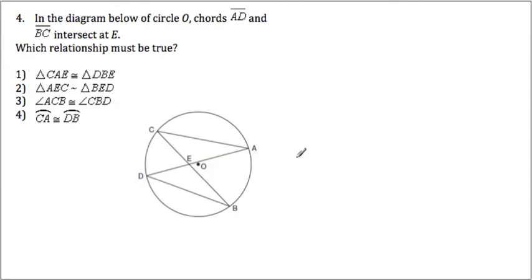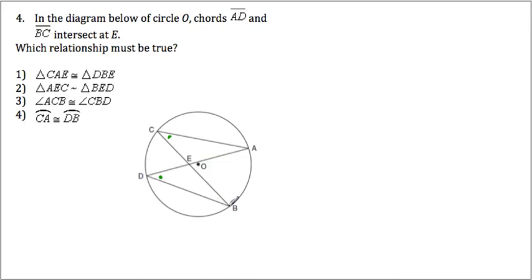Alright, let us move on to the next. We have two chords intersecting at E. Which relationship must be true? In this case, one thing that we know is, for example, angle ACB must be equal to angle ADB. Why?